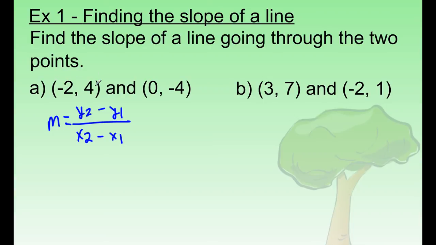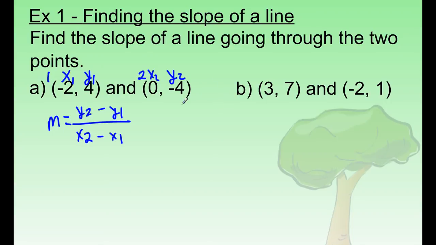This is the first point on the piece of paper, so I'm going to call this point 1. And this is the second point, so he's point 2. Now, if you remember your ordered pairs, the first number in the ordered pair is the x coordinate. So this is the x coordinate of point 1. So this would be the y coordinate of point 1. So x1, y1, x2, y2. It's as simple as that.